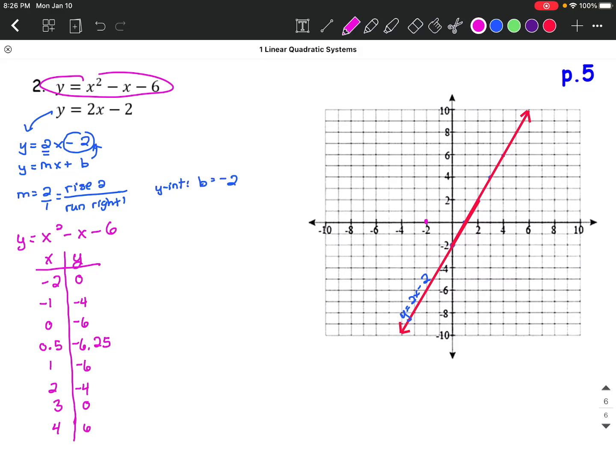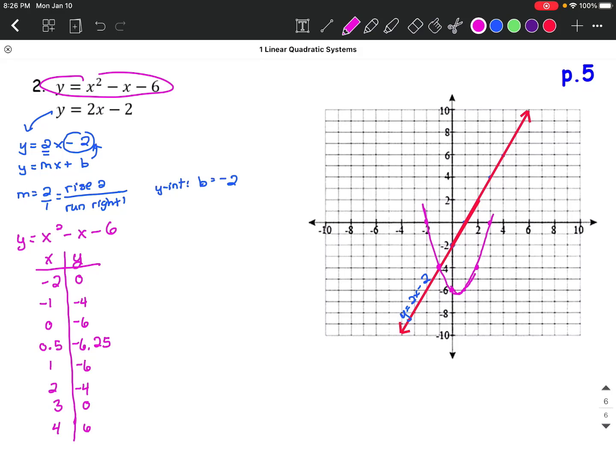Negative 2, 0. Negative 1, negative 4. 0, negative 6. 1/2, negative 6.25. Plot. Now here's why originally we only would have plotted this far.